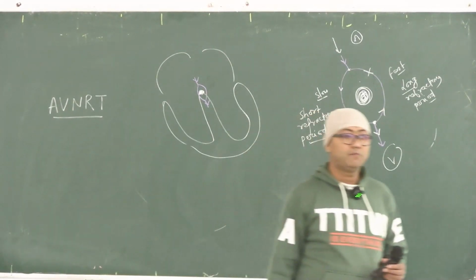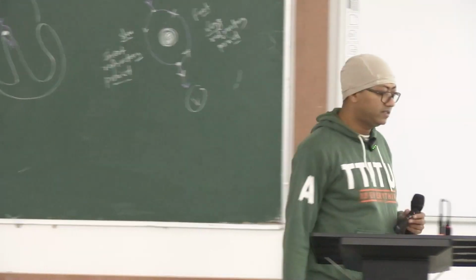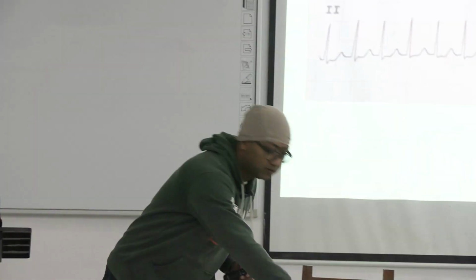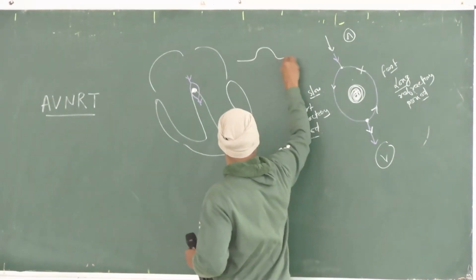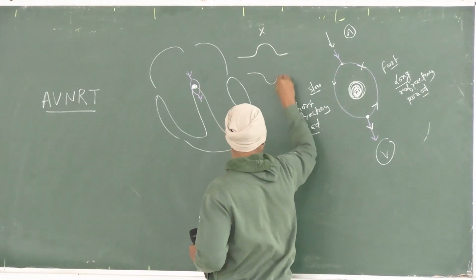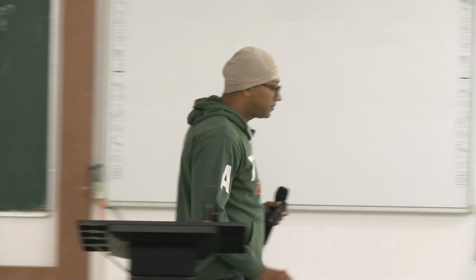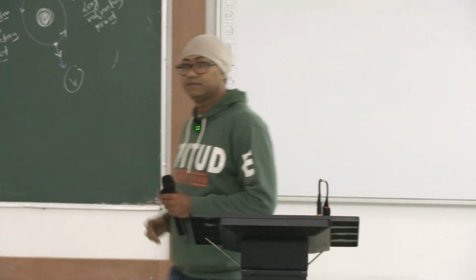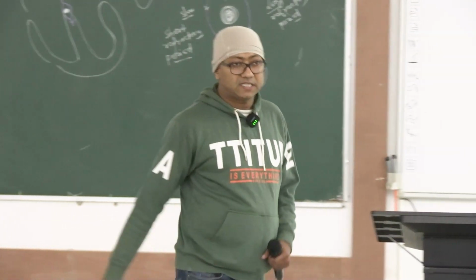So the P wave will be inverted, it will not be this, it will be this, right, because the atria are being depolarized from below upwards, okay. So this is all about AVNRT.